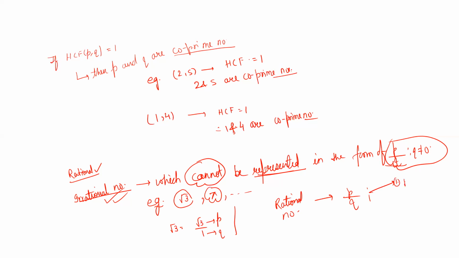First condition is p and q should be integers. And the second condition is p and q should be co-prime. Here root 3 is not an integer. That's why it is not a rational number. It is an irrational number. Clear?